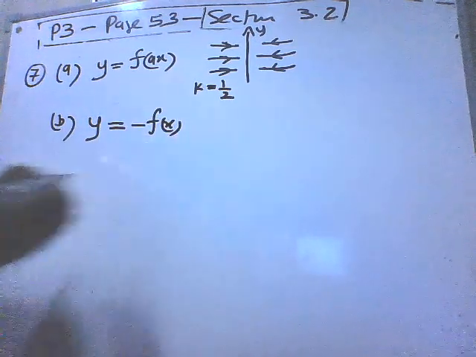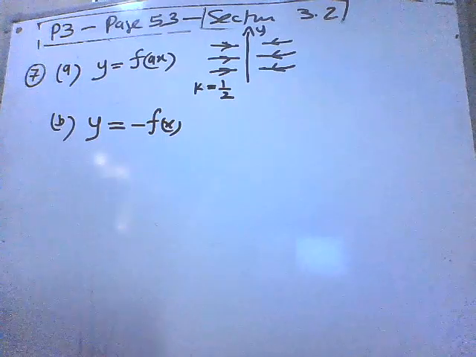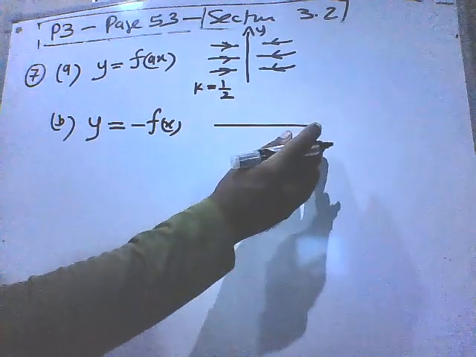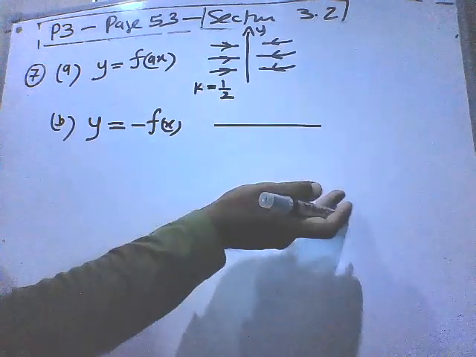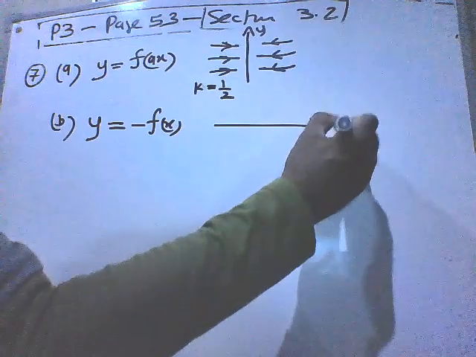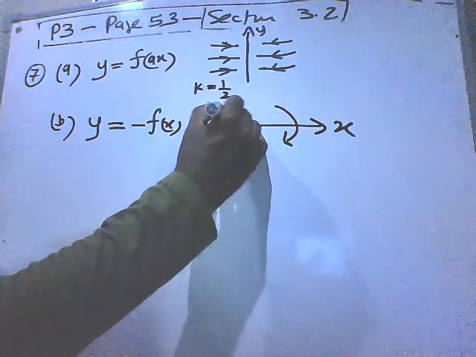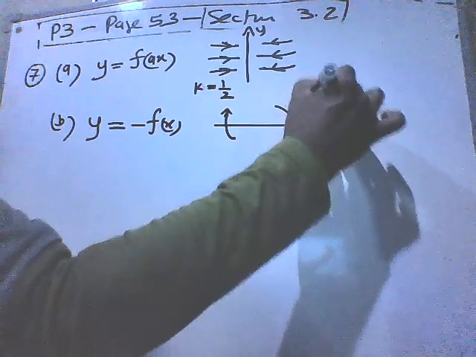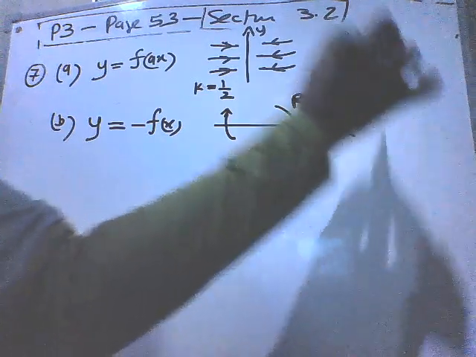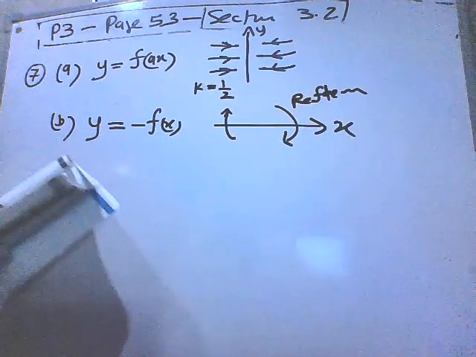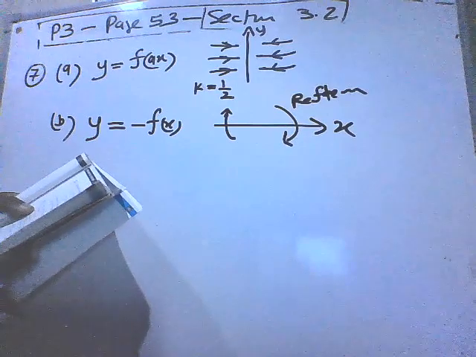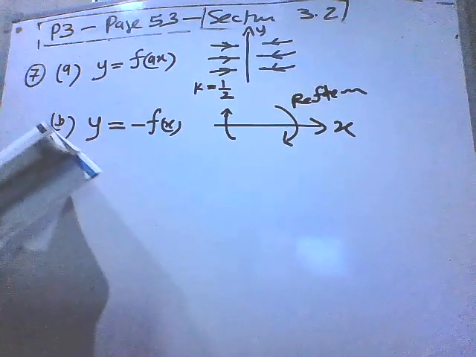So if y is equal to f(x), this is actually a reflection. If this is the x-axis, it will become the reflection. So you have to draw the cosec theta and then reflect.